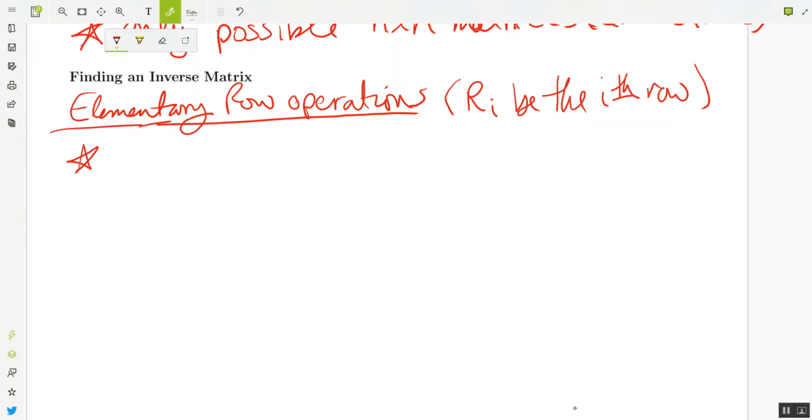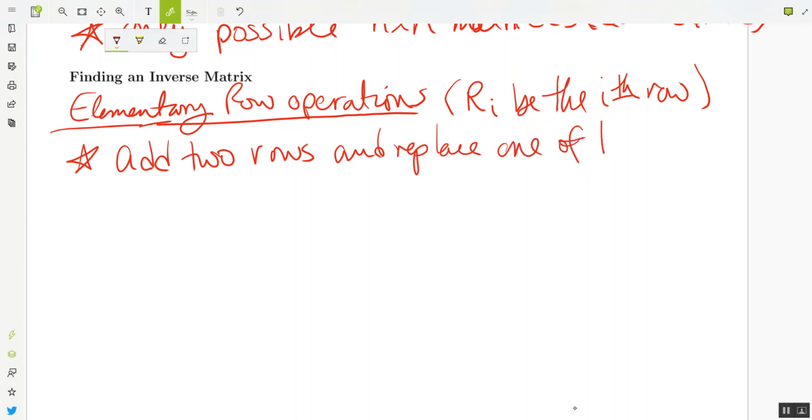We can add 2 rows and replace one of those rows. You can't replace the third row. So if I take row 1 and add it to row 2, I can write that on top of either row 1 or row 2, but not both.